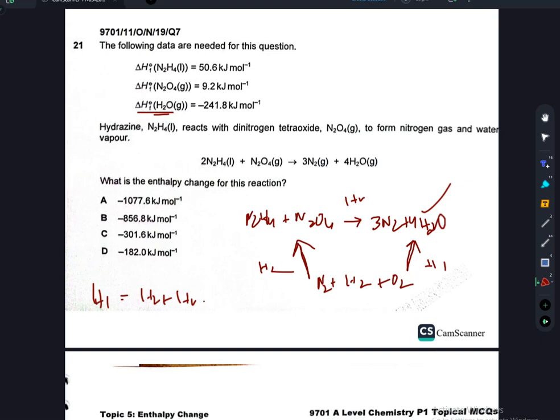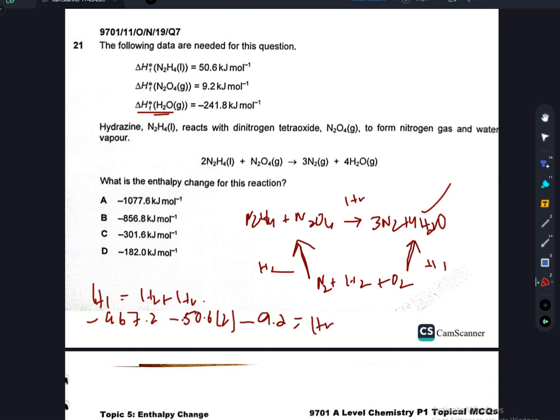Multiply this by 4, you would get minus 967.2, and then you add minus 50.6 into 2. So you subtract, and you subtract minus 9.2, so you would get your HR.